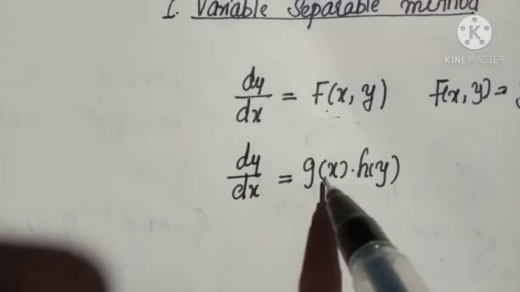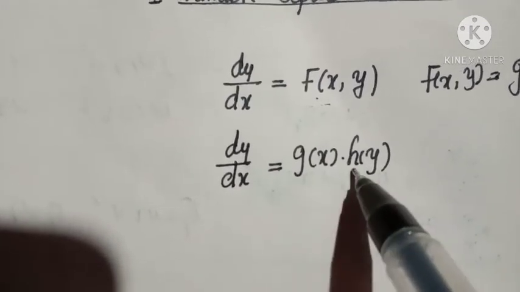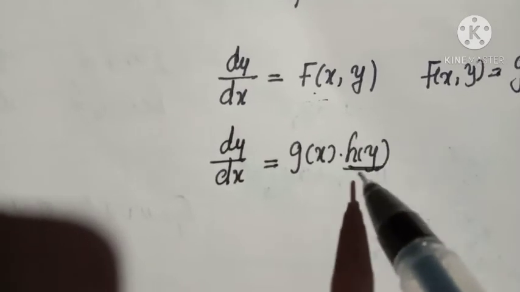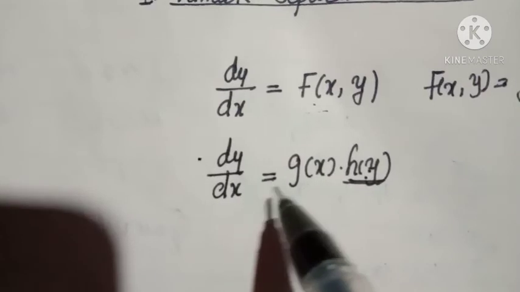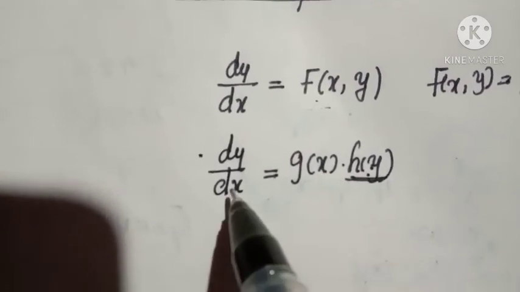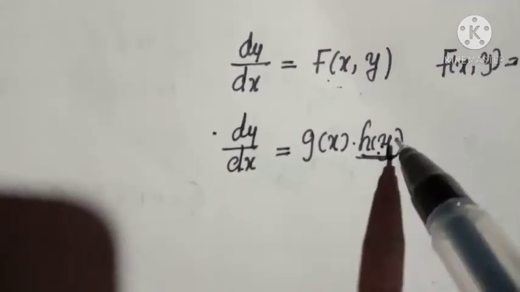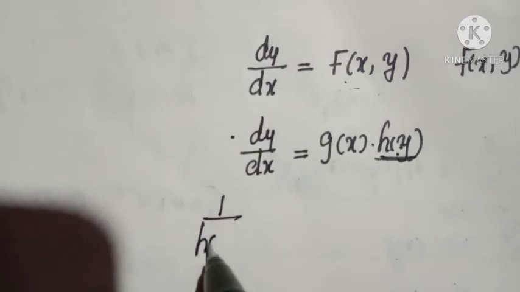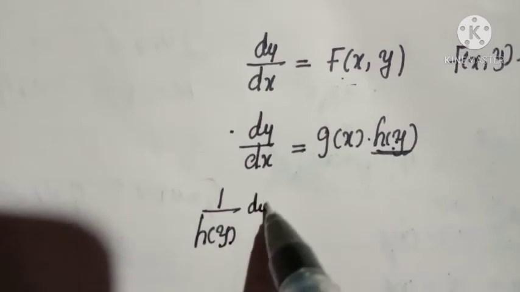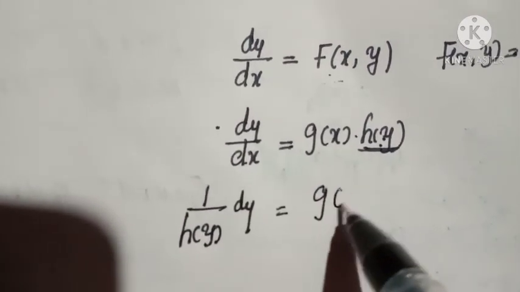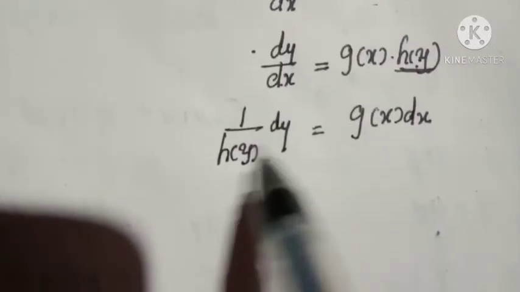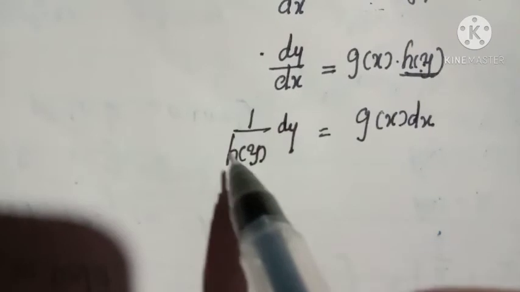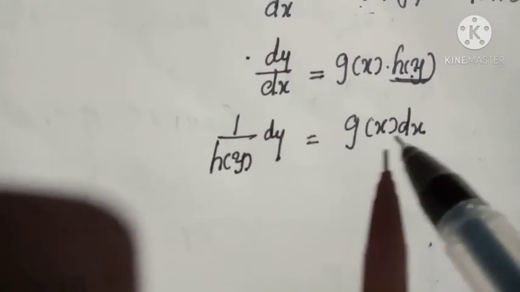So from here, take h of y, which is a function of y, with dy, and g of x with dx. So this becomes 1 by h of y dy is equal to g of x into dx. So we separated the variables, y variables together, x variables together.